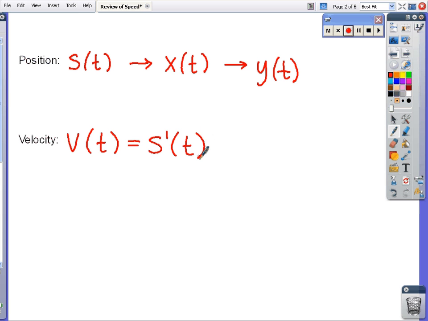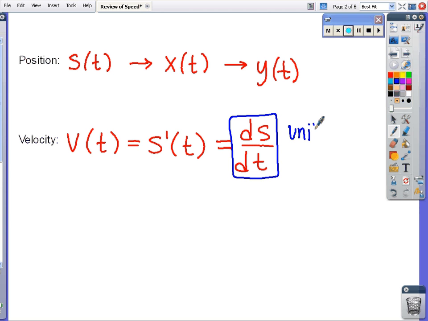And we can write it with the prime, or we can write ds dt. And remember, we like to use this method right here because it actually tells us our units. So the units of velocity will always be the units of distance divided by the units for time.